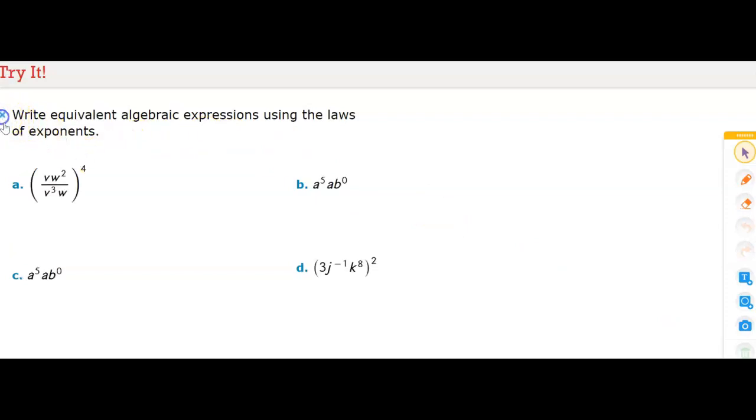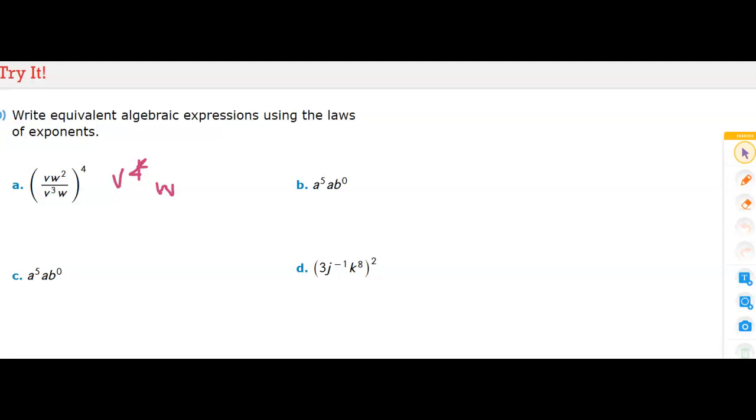Okay. Write equivalent algebraic expressions using the laws of exponents. We have the quantity of v times w squared over v cubed times w, and the exponent on the outside is 4. So I'm going to break this down this way. We're going to have v to the 4th power, and we have w squared.